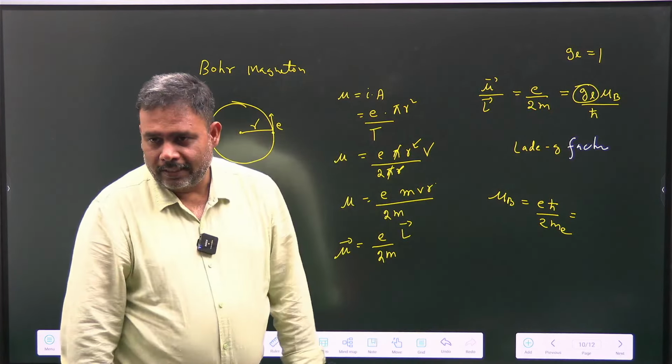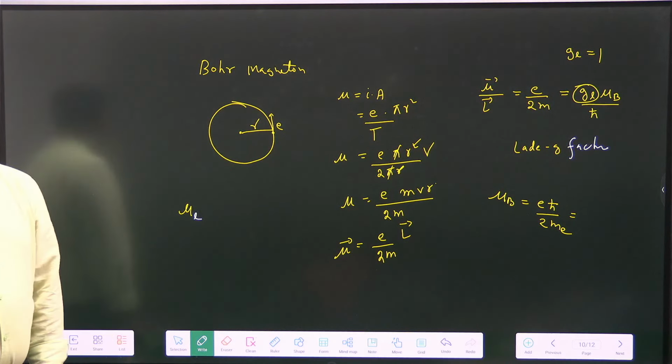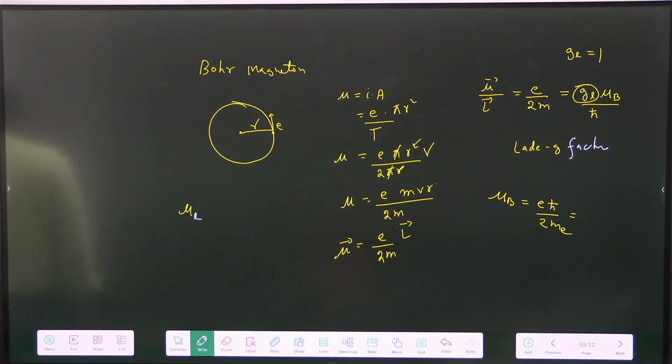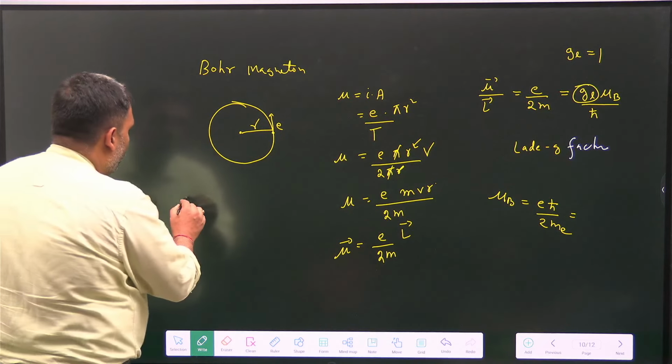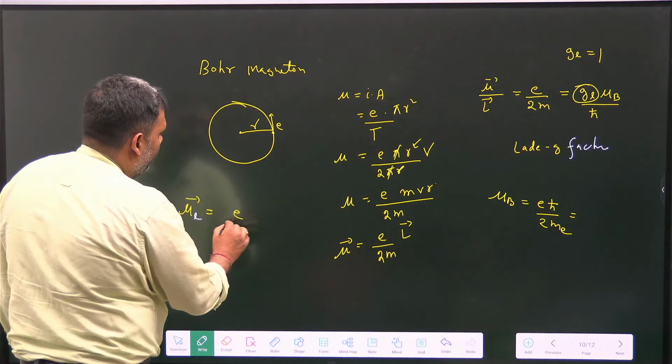So what will happen? You can write mu L. Why are we writing mu L? Because this is due to orbital angular momentum. So this mu L is equal to e upon 2m into L, and that value is equal to GL mu b into L. And now I will introduce the negative sign.